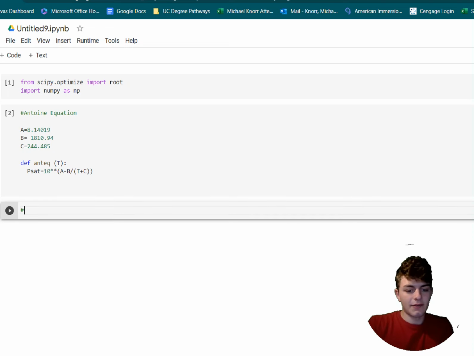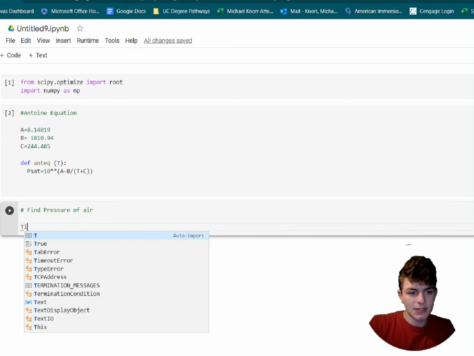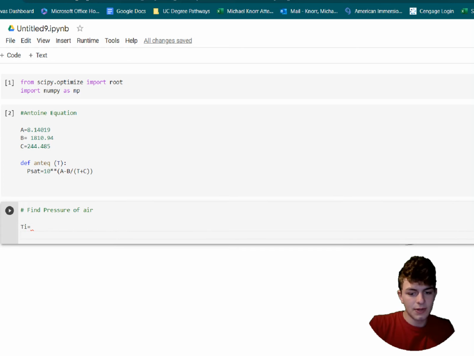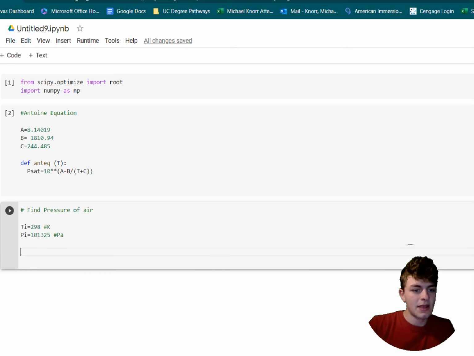Next, we need to define a function to find the pressure of air here. What that is going to require as an input is the initial temperature as well as the initial pressure. We were already given those in our problem, so I'm just going to type those in. A nice thing to do would be to add units here, however, this isn't obviously necessary in the grand scheme of solving the equation.